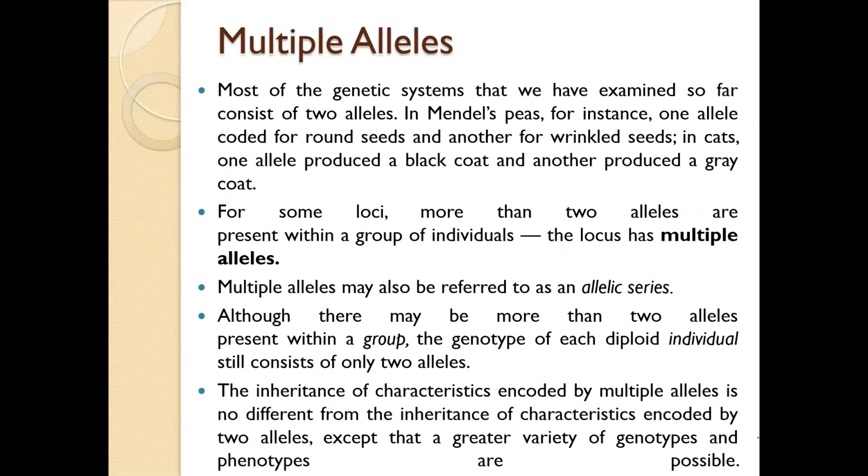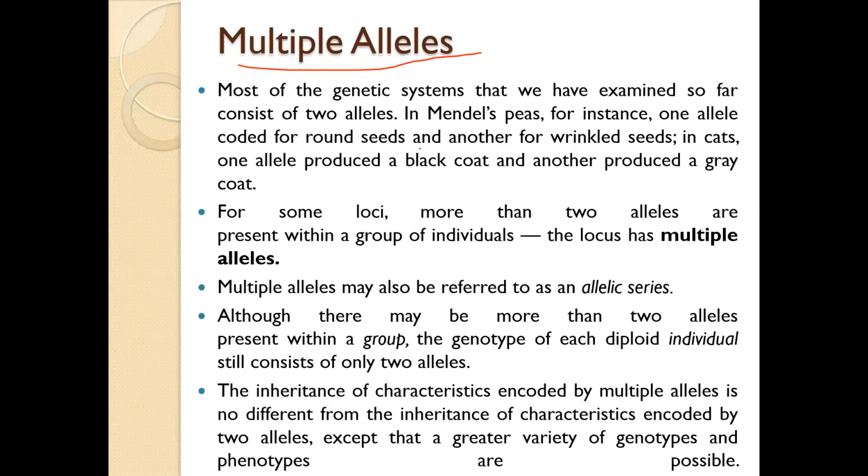Now we are going to the concept of multiple alleles. This is very important, and several questions come from this, which I am going to solve for you in our interaction classes. In case of multiple alleles, most of the genetic systems we have examined so far consist of two alleles.